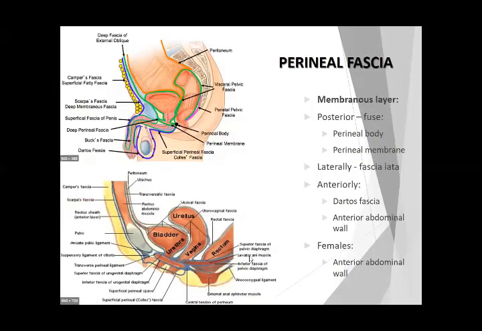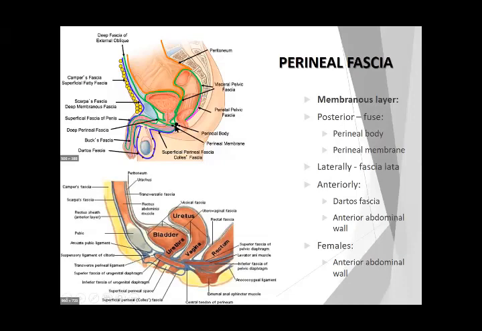Perineal fascia. Membranous layer. So far we've discussed the fatty layer. Now let's come to the membranous layer. In this, will you please follow the blue line? Okay. So this is the perineal body and this is the perineal membrane.